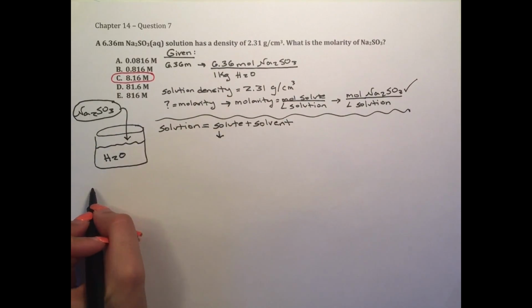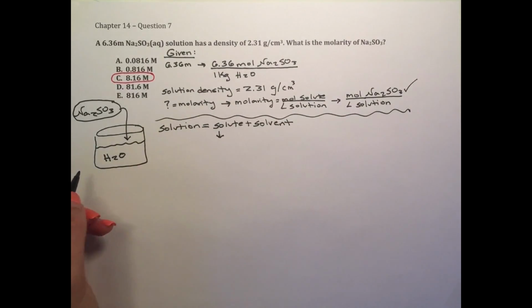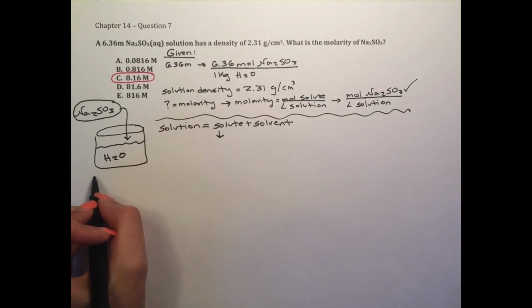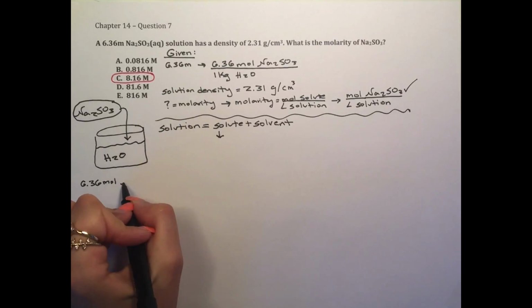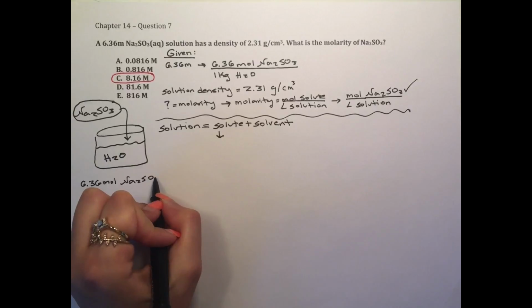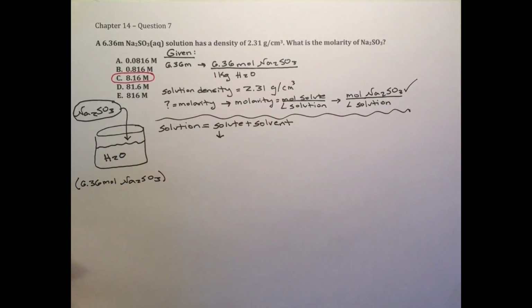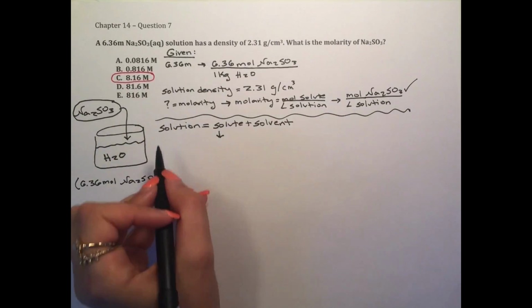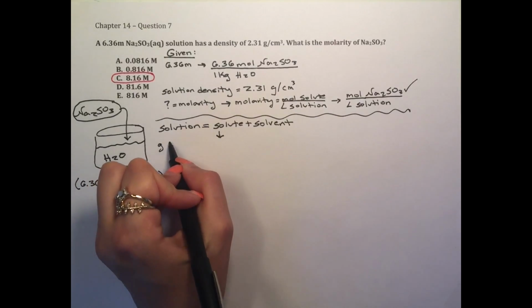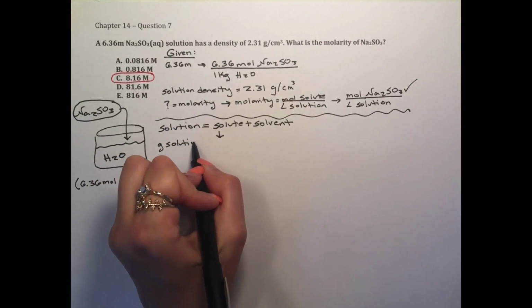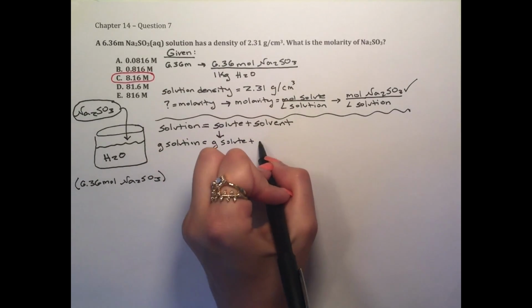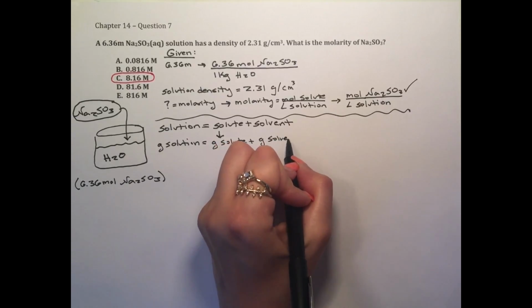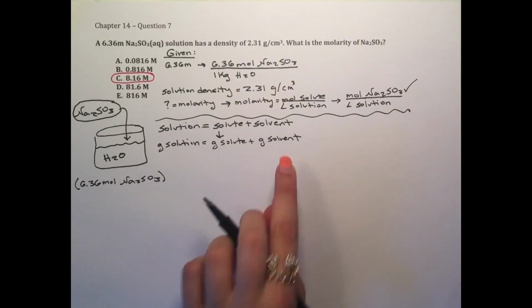So we were told that we have 6.36 moles of Na2SO3. Now we know what we're trying to look for.